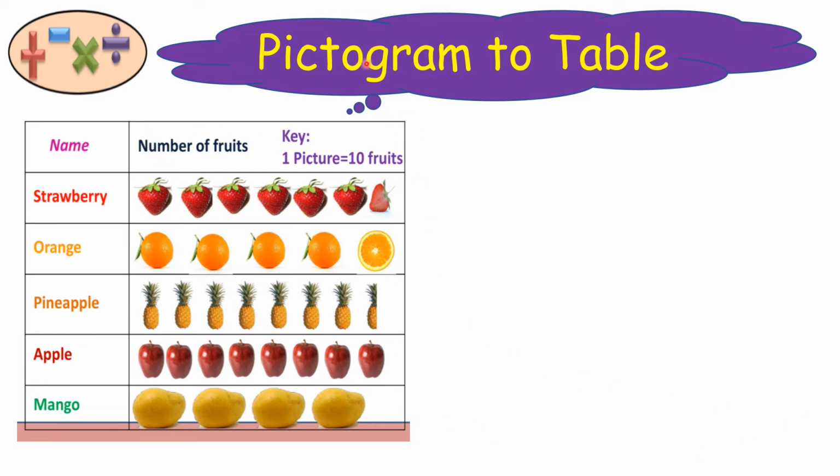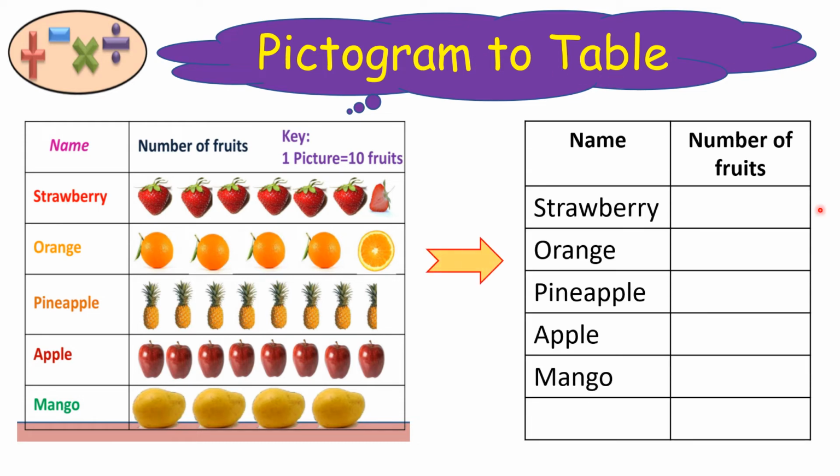Here, we are going to convert it to a table. In our table, the same, we have 2 columns: the name of the fruit and the number of fruits. From here, we are going to use the key, which is 1 picture equals 10 fruits. Since we have 1, 2, 3, 4, 5, 6, and a half, so 6 times 10, and then half of 10, we have 65.